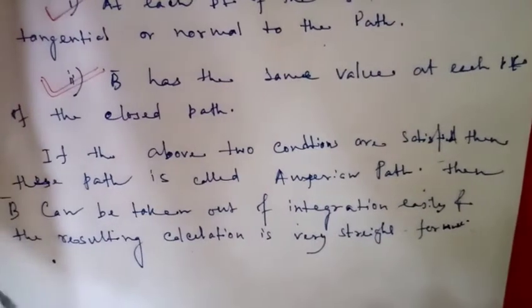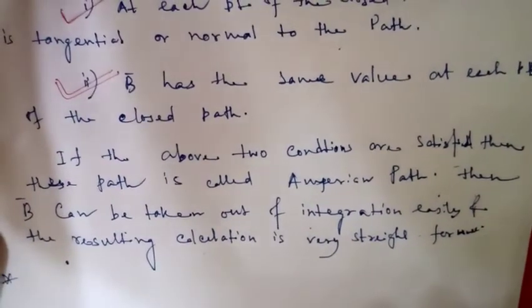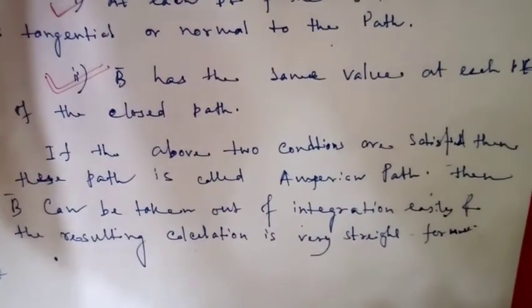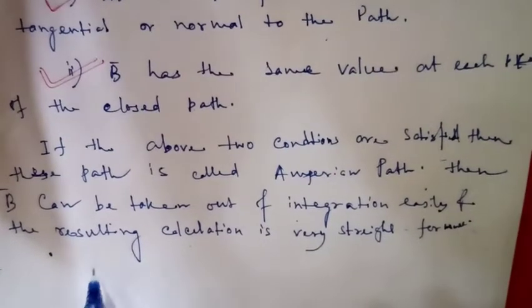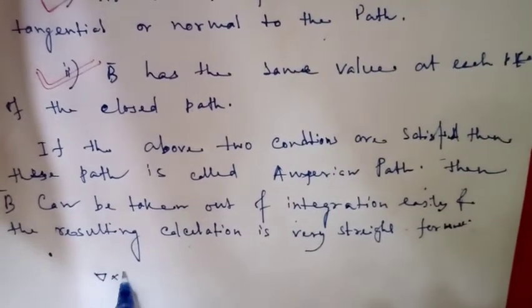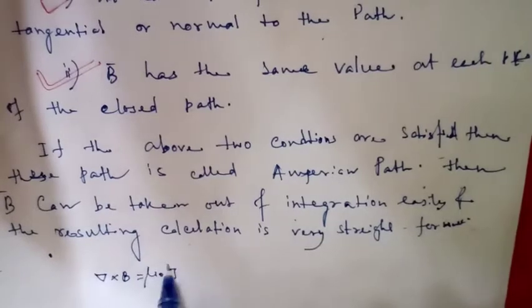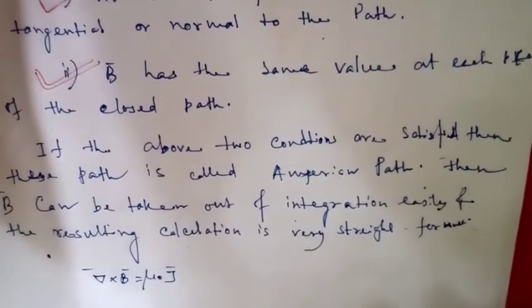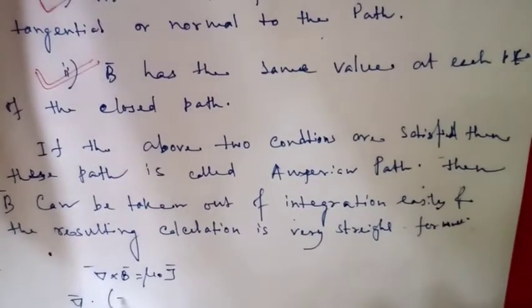There is another limitation of Ampere's circuital law. If we consider the differential form of Ampere's circuital law, that is curl B equal to mu naught J, take divergence on both sides.